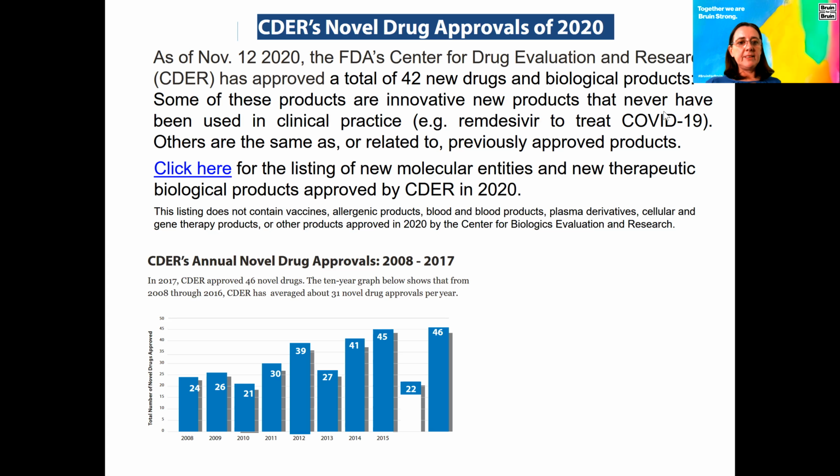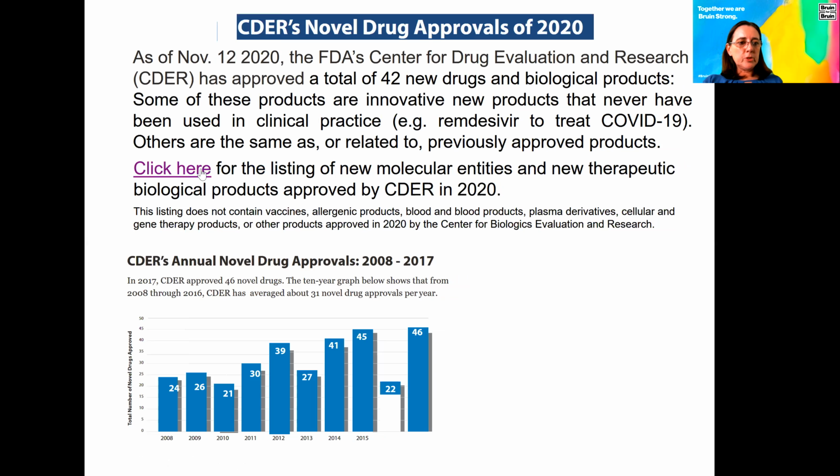For example, remdesivir to treat COVID is a brand new drug, even though it was already studied for other viruses. That's the first time it was commercialized and approved for emergency use to treat COVID. Other drugs were approved, but they are the same or related to previously approved products. And if you click here, you will have the list of those drugs that were approved this year.